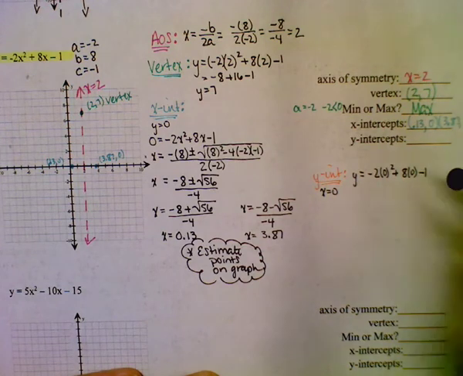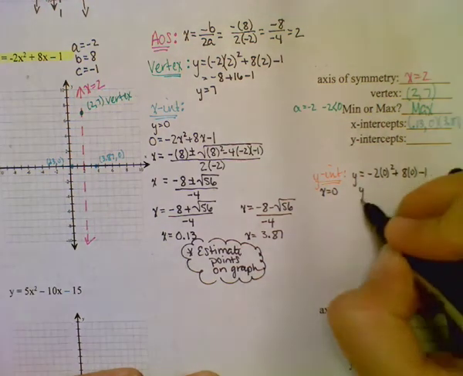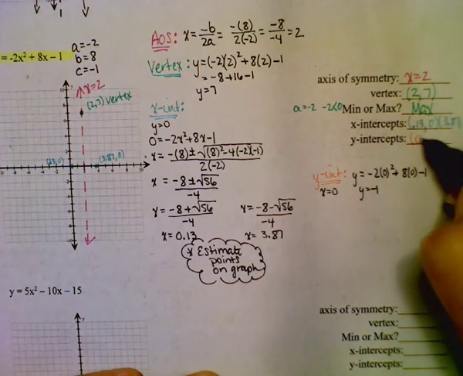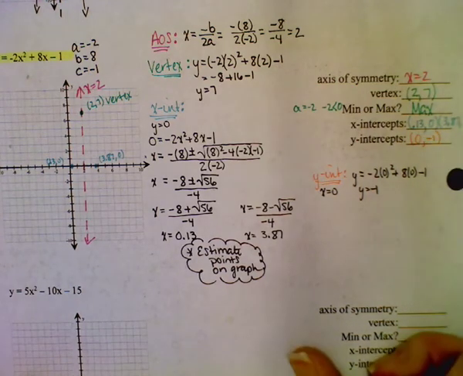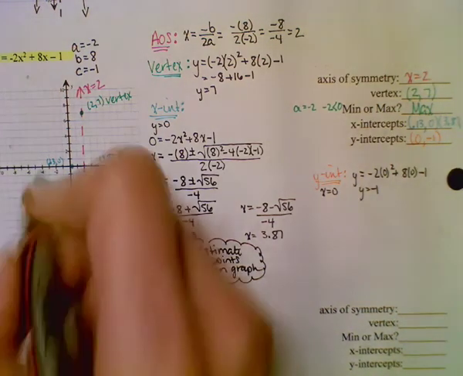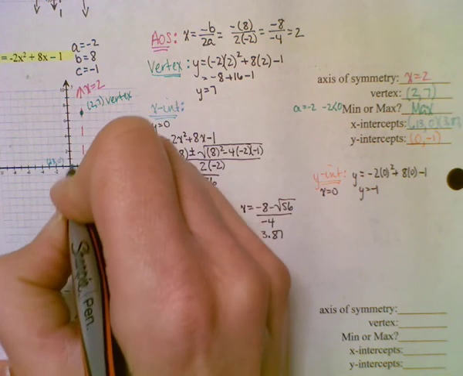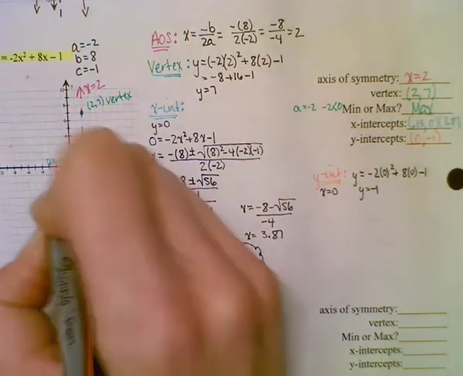And that's 0, so y equals negative 1. So my ordered pair here is 0, negative 1. So I can come over here and plot 0, negative 1. I can see already where that graph is going to come just perfectly right there.